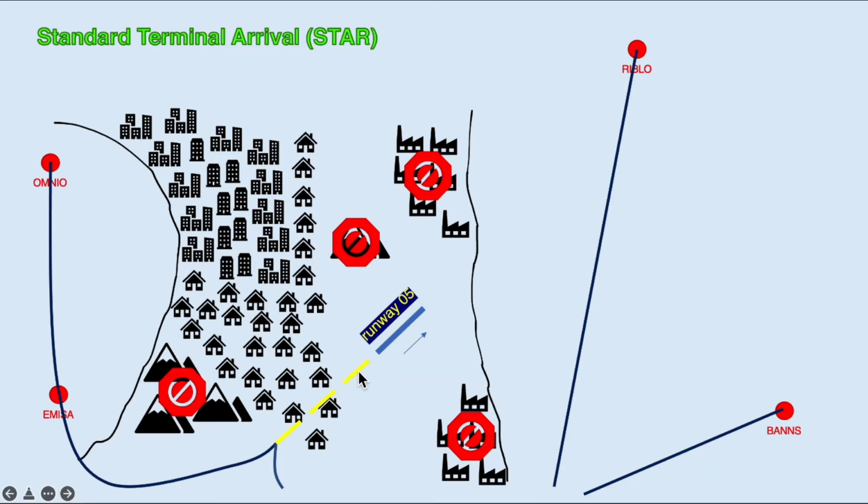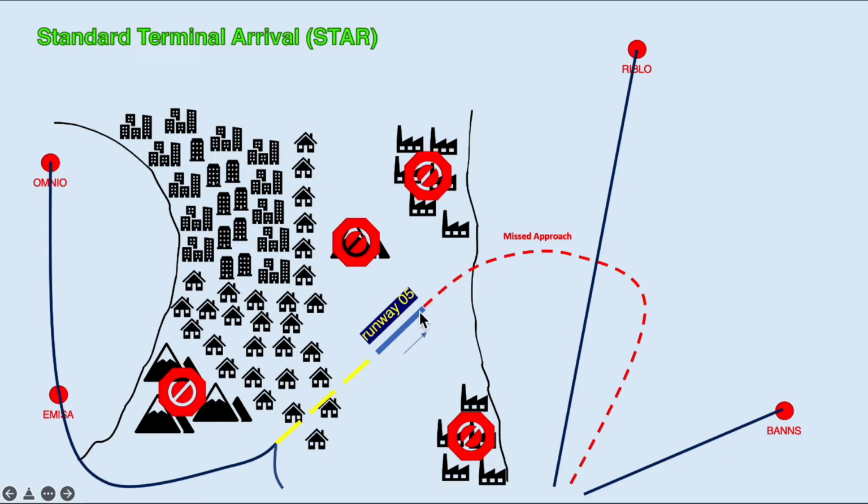And let's see the opposite example. But first of all, let's talk about the possibility that the planes cannot land because there is a problem in the runway, or the wind is too strong, or something. For any reason, they need to climb again. That's the missed approach procedure.